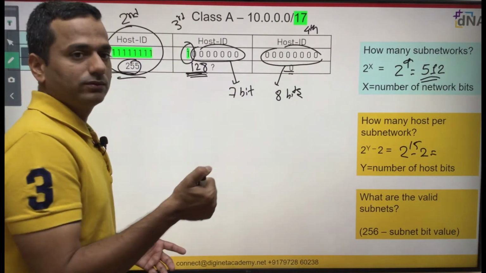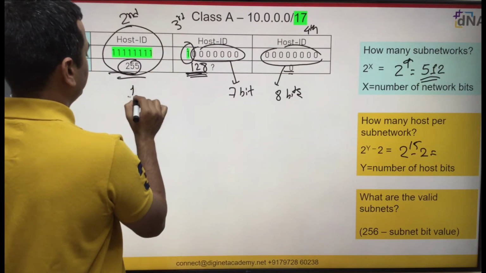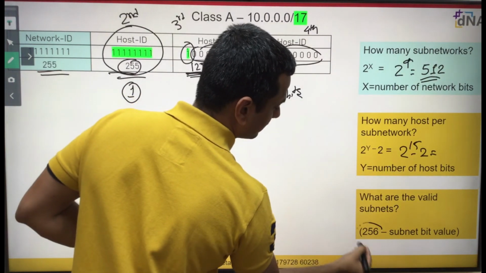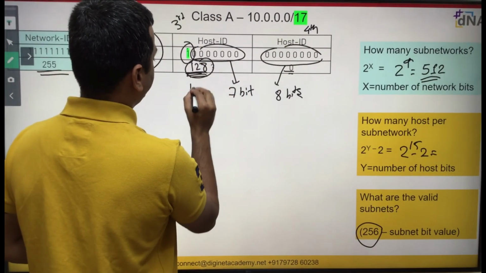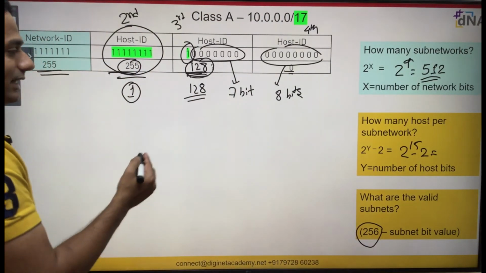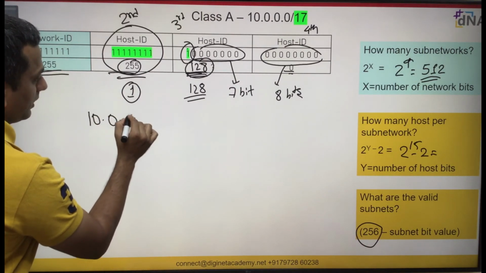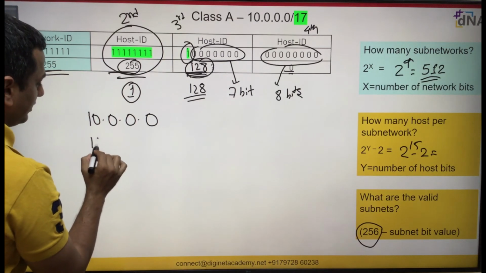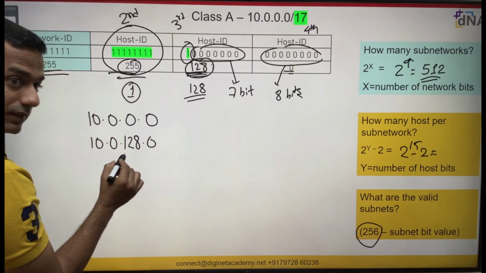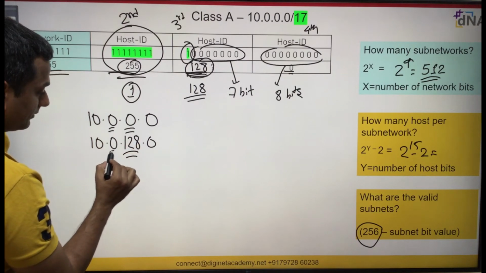Okay, so let's do it. 256 minus 255, there will be an increment of 1 in the second octet, and 256 minus 128 is 128. So there will be an increment of 128 in which octet? The third octet. So let's calculate the first subnetwork: 10.0.0.0. Next, 10.0.128.0, right? 0, 128, but this 0 is constant.